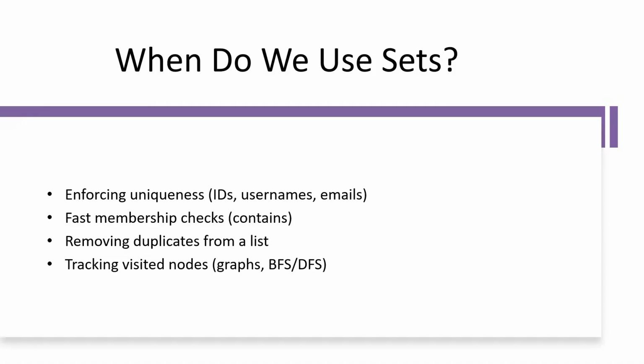A set can do this for you. And I do have a coding example of this, so stay tuned. Tracking visited nodes. It keeps track of where you're going so that you don't visit the same place twice. And we can go into this in another video.